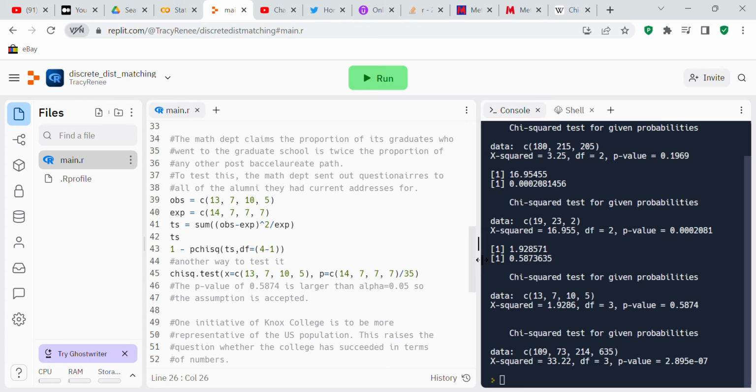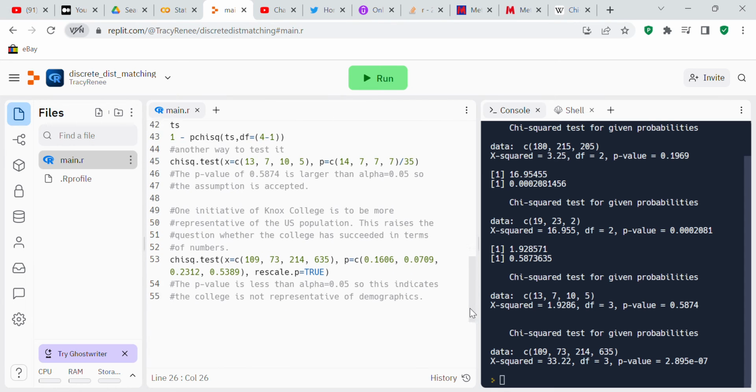And so what we do is we plug that into the chisq.test, and you get a p-value of 0.5874. So since the p-value of 0.5874 is larger than the alpha of 0.05, the assumption is accepted.